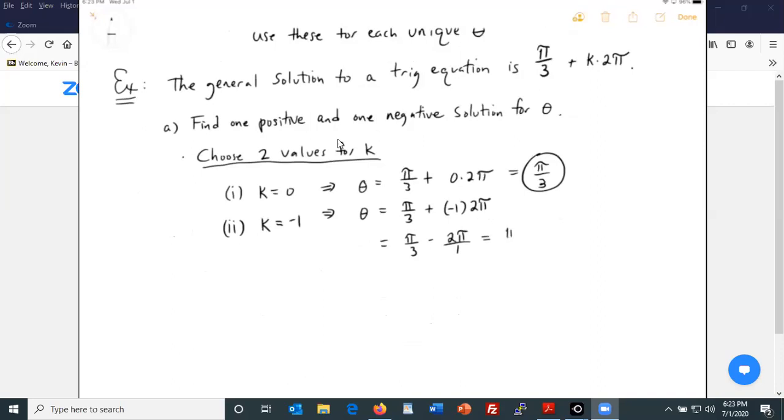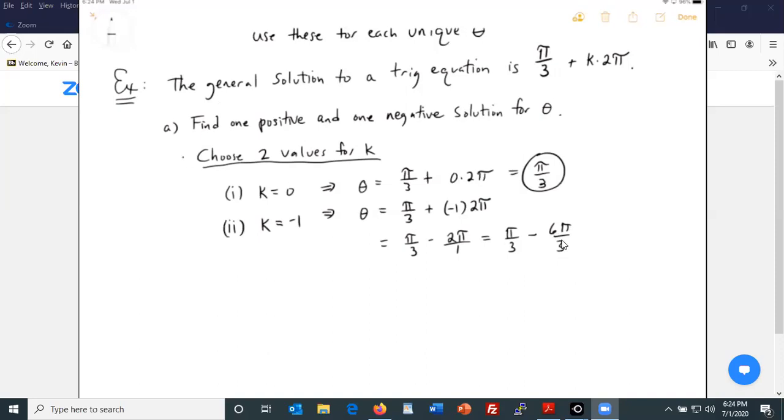So this will be pi over 3 minus 6 pi over 3. How did I get 6 pi over 3? Pay attention to the denominator of 1. In order to make that a 3, I can multiply it by 3. But when you do something new to an expression, you have to balance it, so I have to multiply the numerator by 3 also. So 2 times 3 gives me the 6, and 1 times 3 gives me the 3.